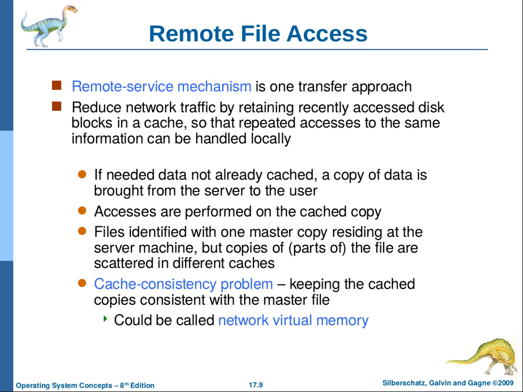Yeah, so option 3 is kind of complicated, isn't it? Because you have to maintain consistency throughout all the machines in your entire system. Okay, well, if file A exists on the client and we find a file A on the server, we rename file A on the client to file A local.